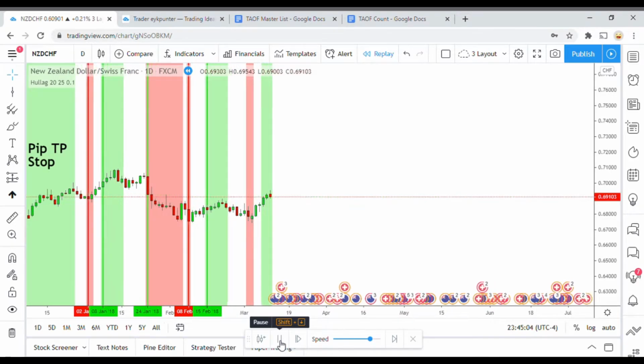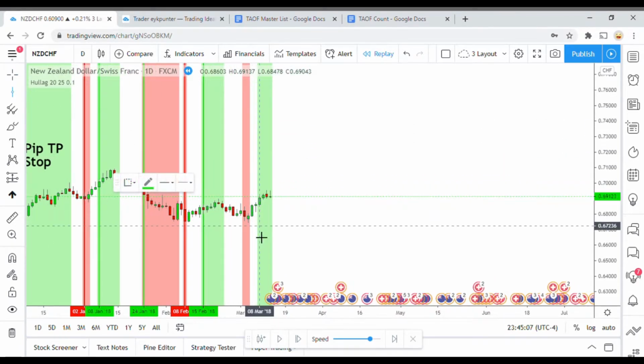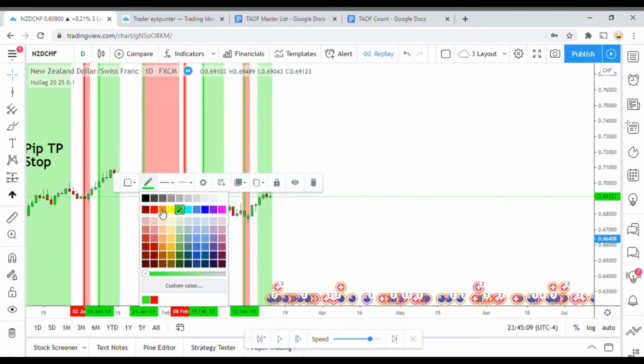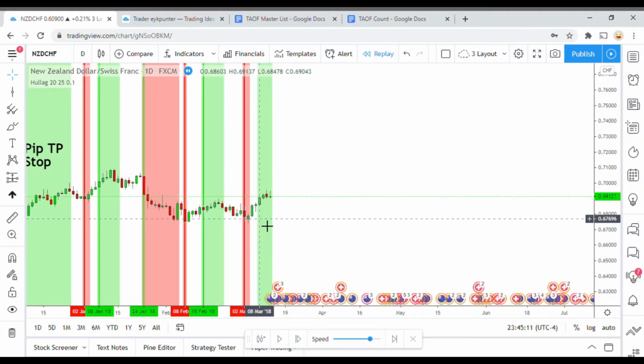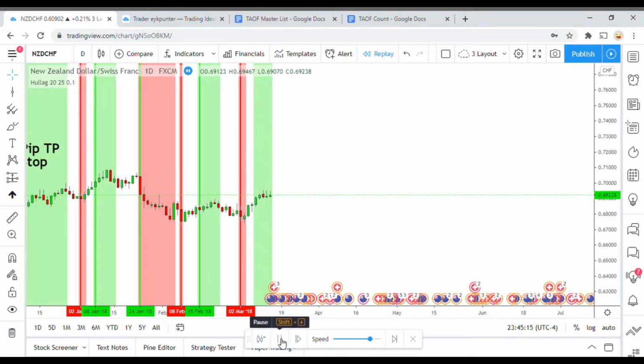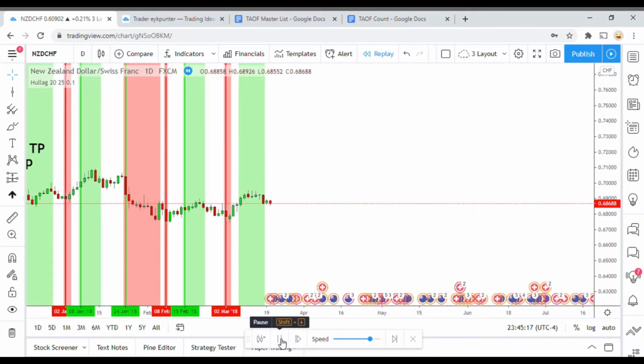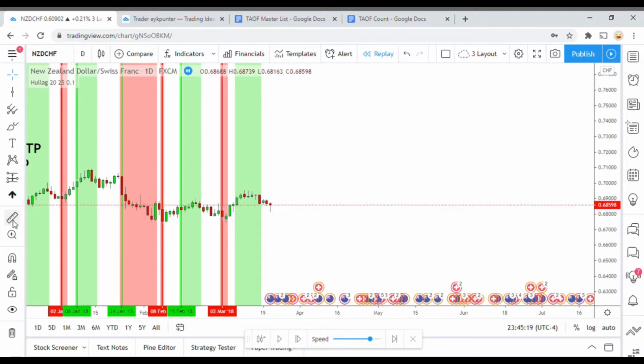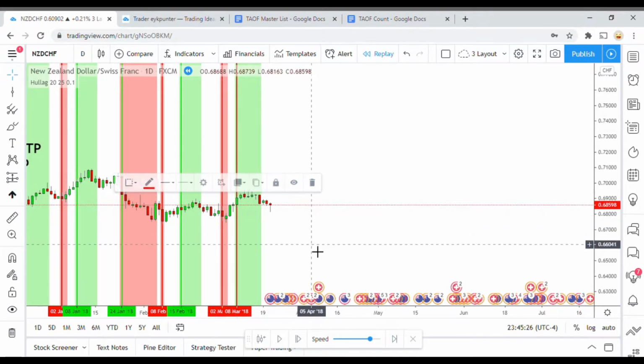Take profit. Got another sell here, and we missed take profit on it. Then another buy there. Let's play it out a little bit and see what it does. I don't think it got to take profit. It did not.